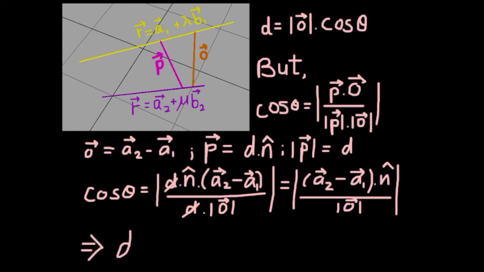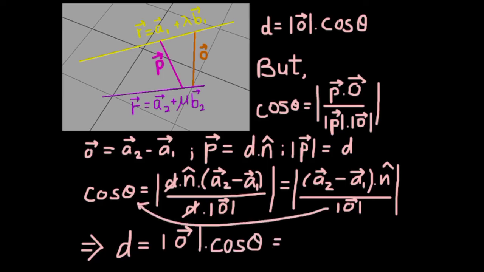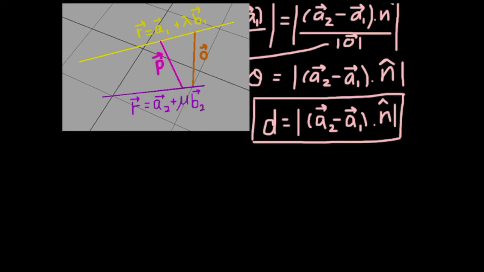So cos theta is equal to d times n cap dot a2 minus a1, upon d times the o vector modulus. So d is cancelled, and cos theta is equal to a2 minus a1 dot n cap upon the o vector magnitude.